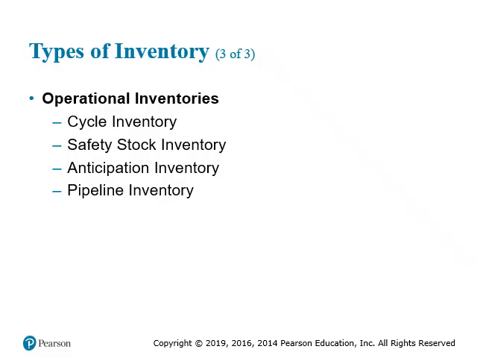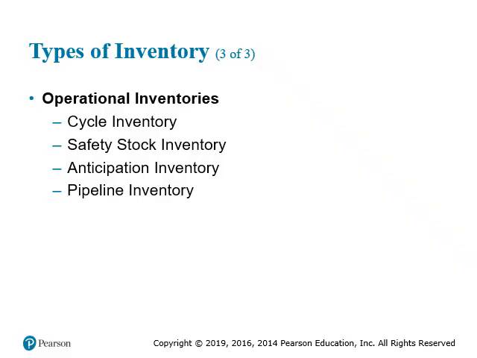So we've talked about inventory from the accounting perspective and began to talk about it operationally on the last slide, where we said, well, there's work in process, there's raw materials, there's finished goods. From an operational perspective, we classify inventories perhaps in a slightly different way. This isn't something that you'll see on a balance sheet, but it is something that's important from an operational decision-making perspective.